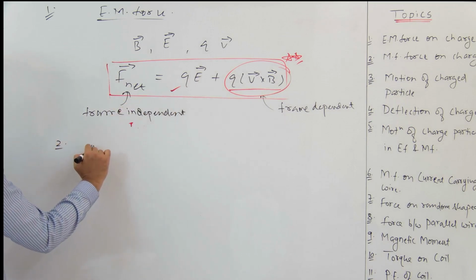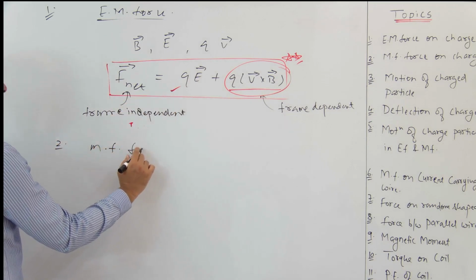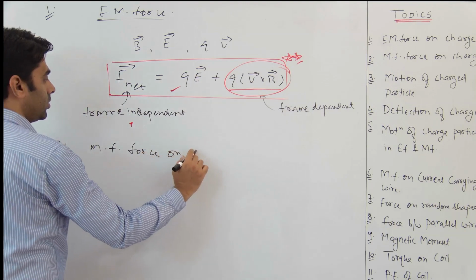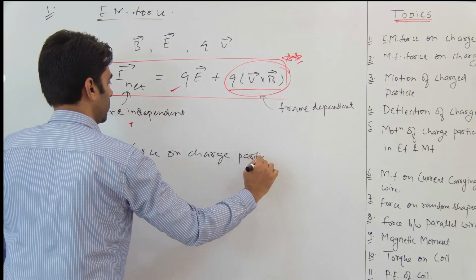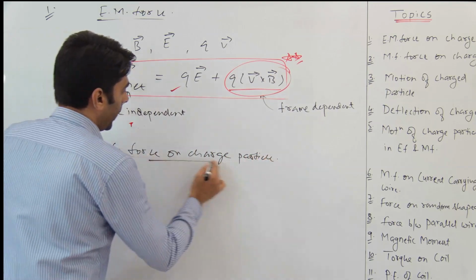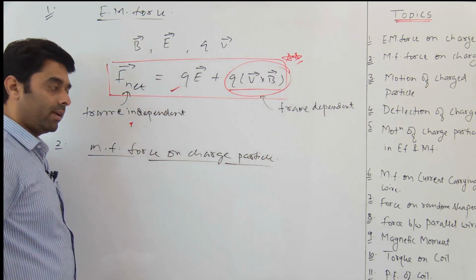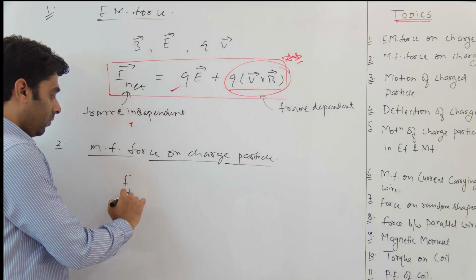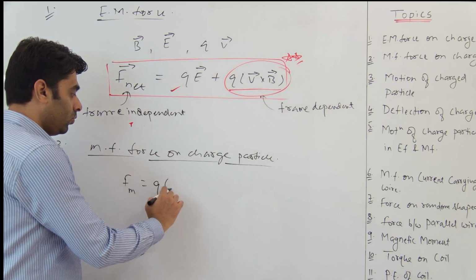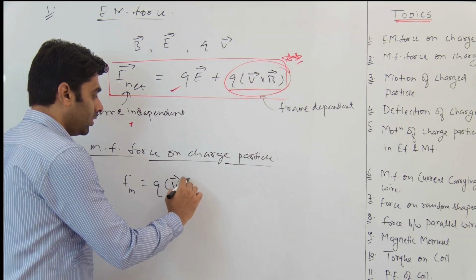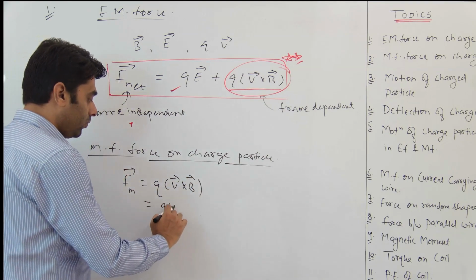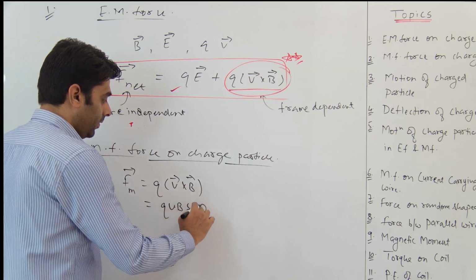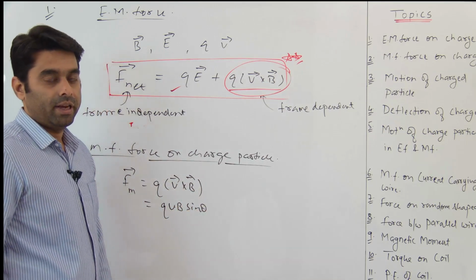Next, the second point, magnetic force on a charged particle. What is the magnitude? The magnetic force magnitude on a charged particle is F magnetic equals qv cross B. This I can also write as qvB sin theta, where theta is the angle between velocity and magnetic field.